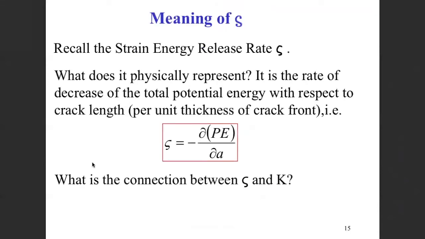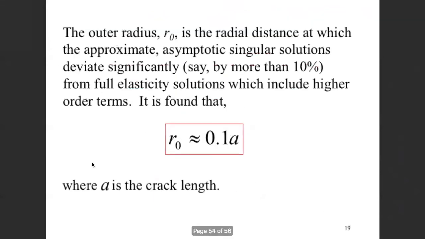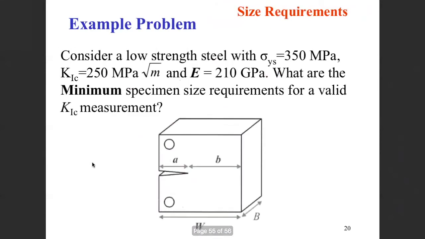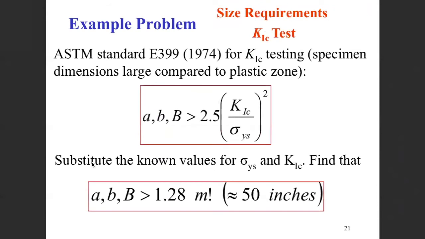And actually you can work it out, right, that if you did that, you need a sample that would be 1.28 meters wide, right, to get a valid K1C measurement based on that criterion, if you were to try and build a plane stress test measurement.